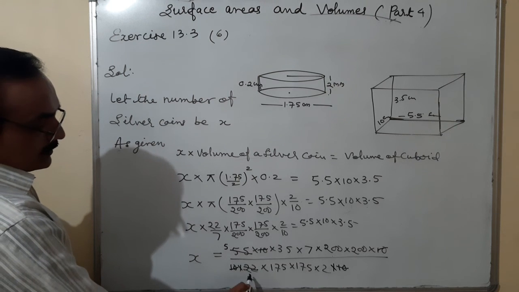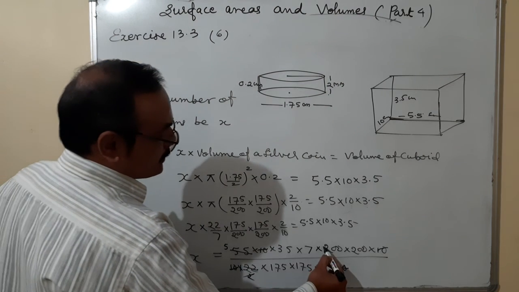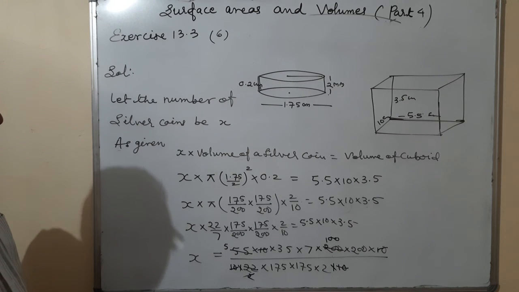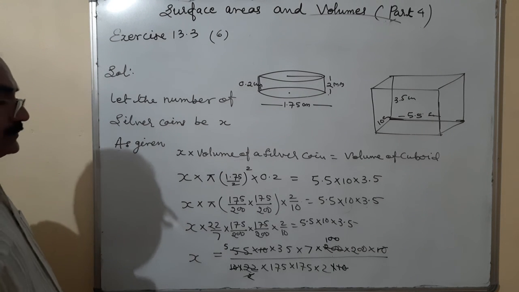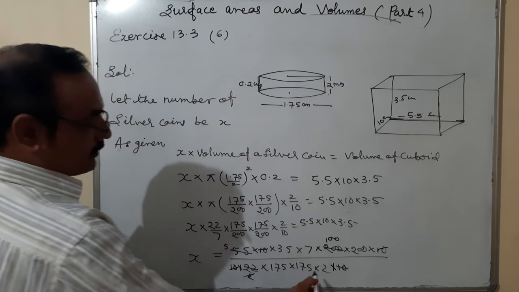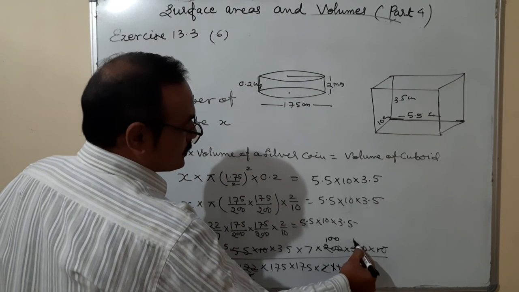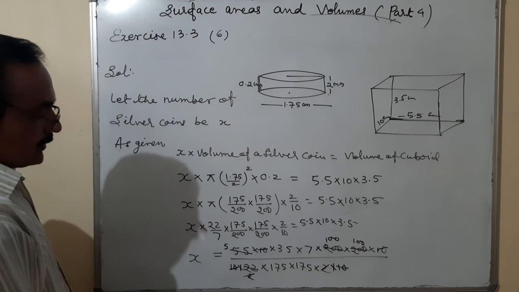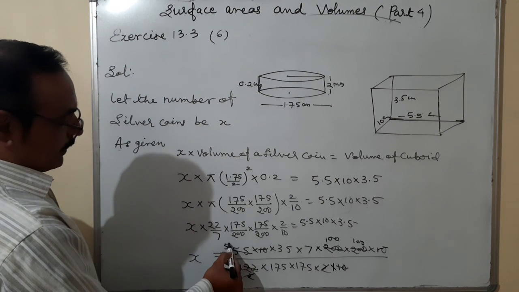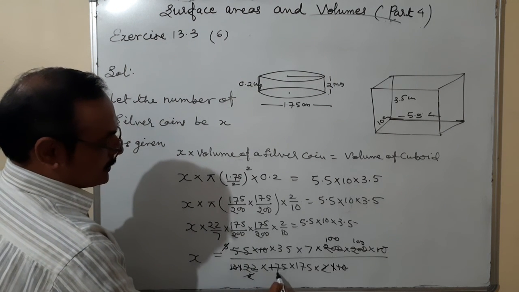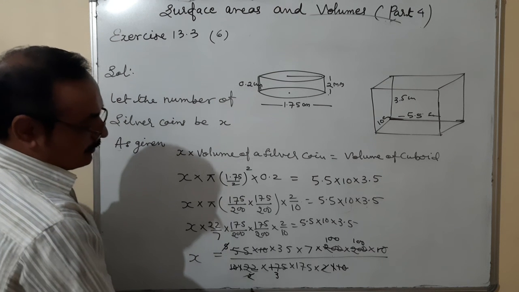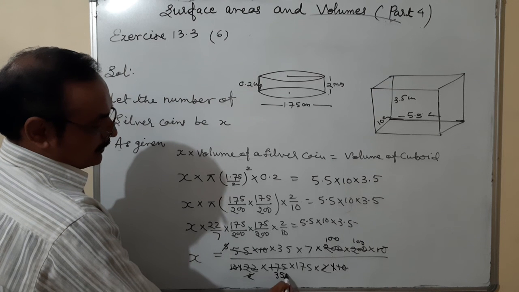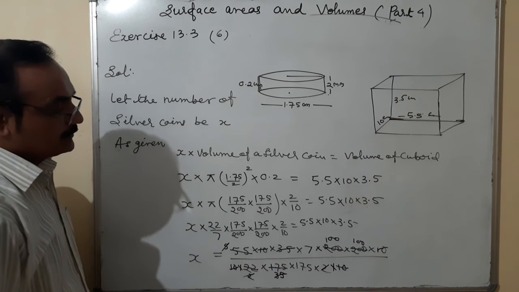After that this 2 will cancel 200, this 2 will cancel this 200 100 times. After that, 5 3s are 15, it is 2, 5 5s are 25, 35 35 cancel.